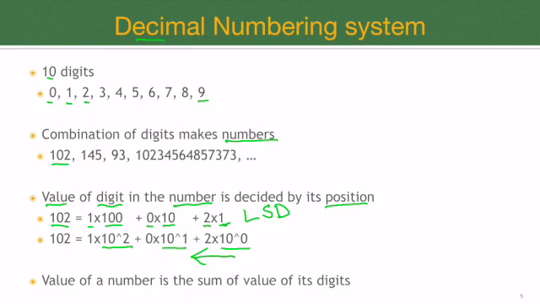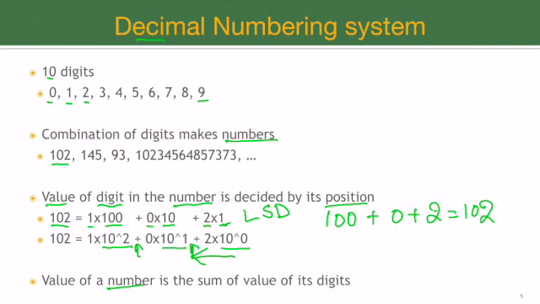If we continue on this trend, if there was another digit, its value will be 10 raised to the power 3, which is 1000, and so on. The value of the entire number is the sum of the individual digit values. So this number is 100 plus 0 plus 2, which is 102, and that is why we pronounce it as 102.